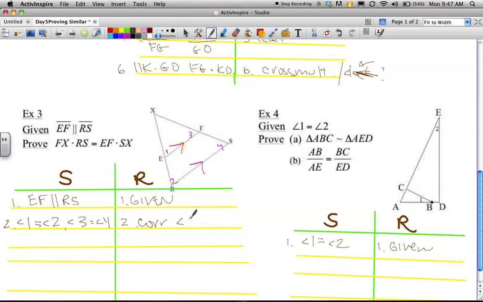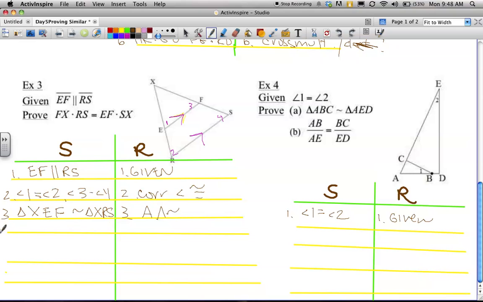Now that we've shown two angles in a triangle congruent to two angles in another triangle, we can say XEF is similar to XRS. So we have everything lined up right. Angle-angle similarity.